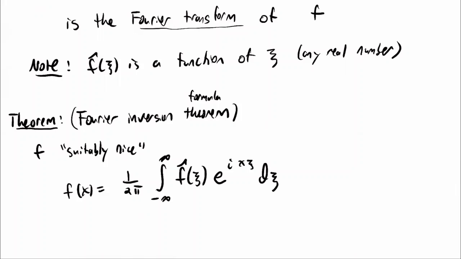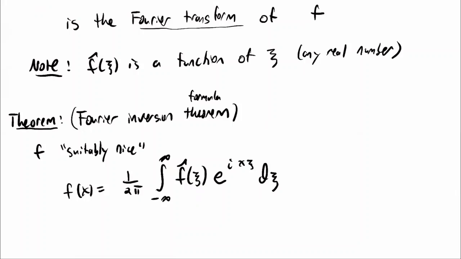This is like the analog of representing a function on a finite interval as a Fourier series. But instead of a Fourier series, it's now an integral of different values of the Fourier transform, because this is a function of a continuous parameter c, and so we're looking at values across the whole real line.